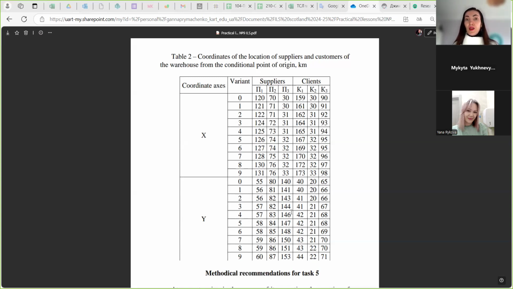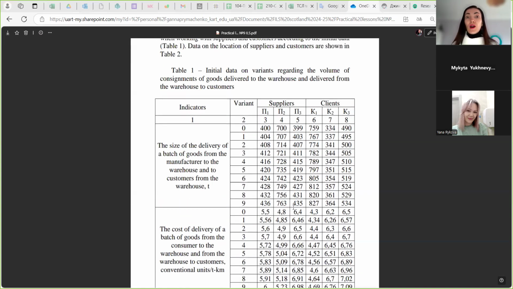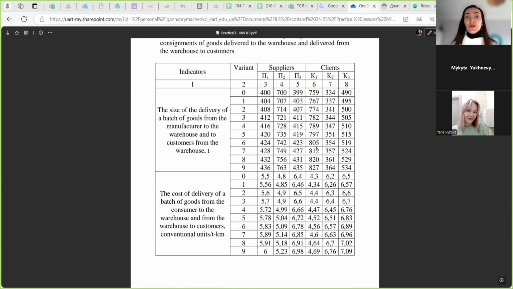And we multiply by the next parameter, the volume of delivery, how many tons of cargo the first client needs. For example, it is the third line of our table 1, also the third column from the end.